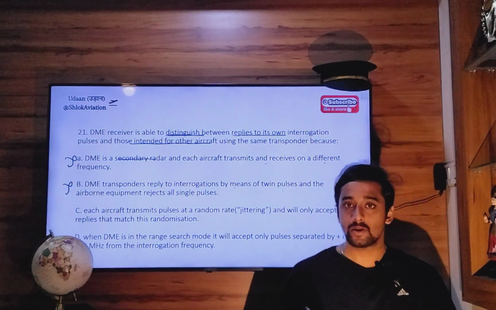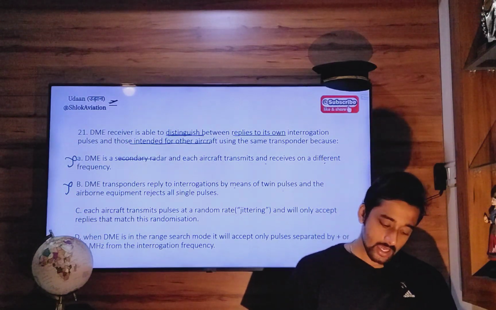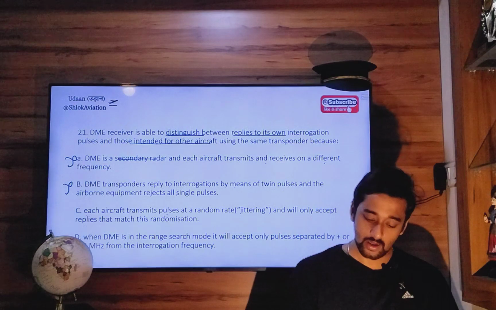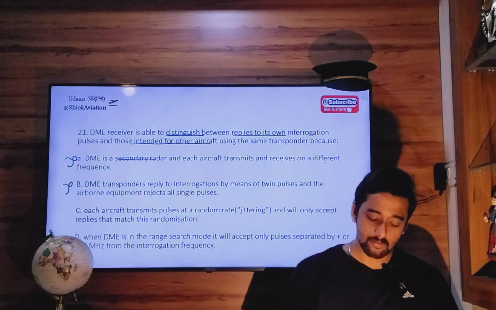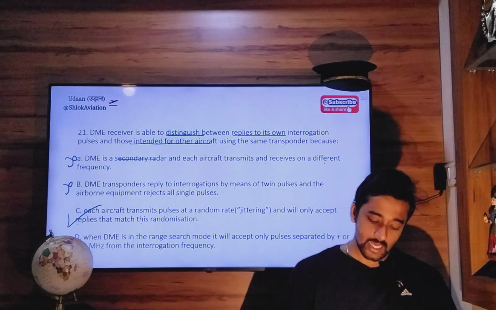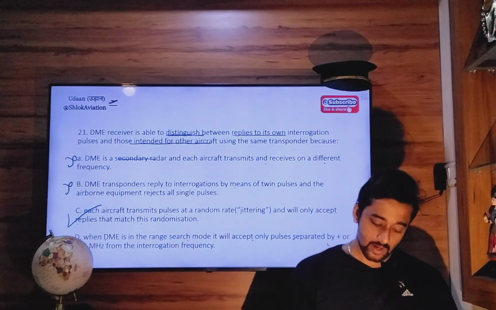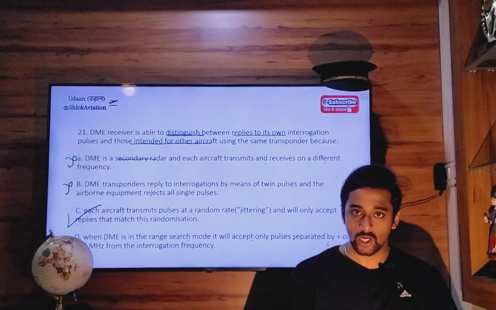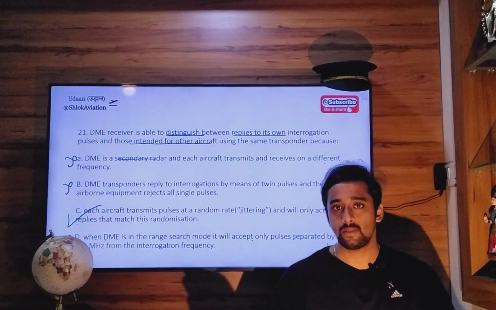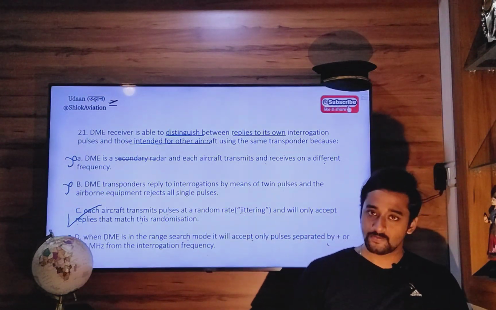Statement is right, but this is not the answer or justification for this particular question. Each aircraft transmits pulses at a random rate, jittering, and will only accept replies that match this randomization. Yes. When DME is in the search mode, it will accept only pulses separated by plus minus 63 megahertz from the interrogation frequency. Statement is right, but not the justification or reasonable answer to this particular question. So option Charlie is the correct answer.